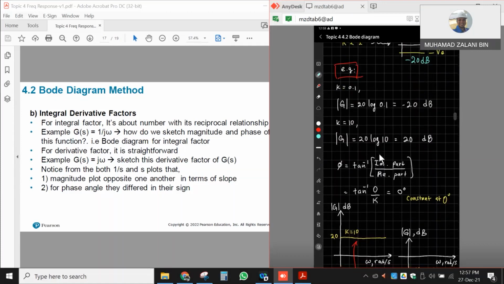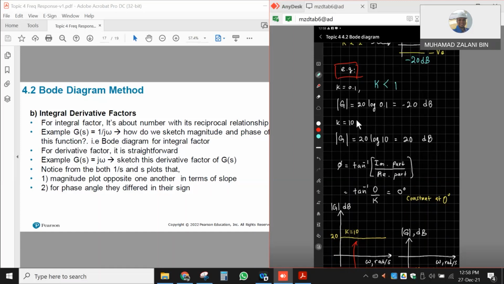Let's have a look at this example. For the first case, k is smaller than 1. For example, if k equals 0.1, then when we calculate the magnitude of g, we expect the transfer function is smaller than 1. We do the calculation of 20 log 0.1, then we get negative 20 decibel.